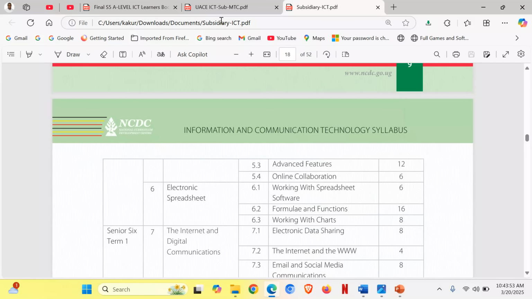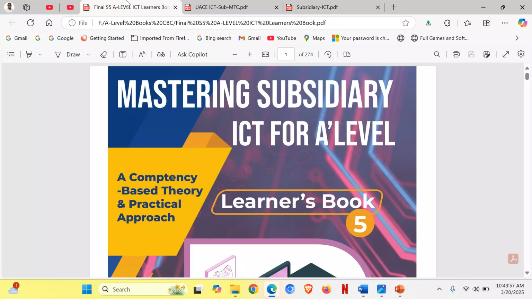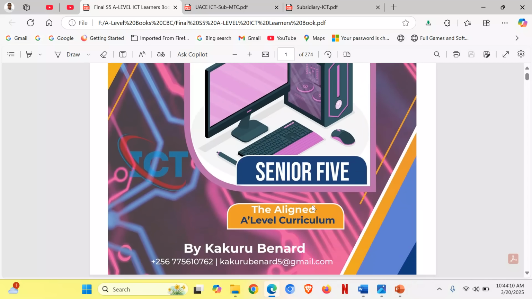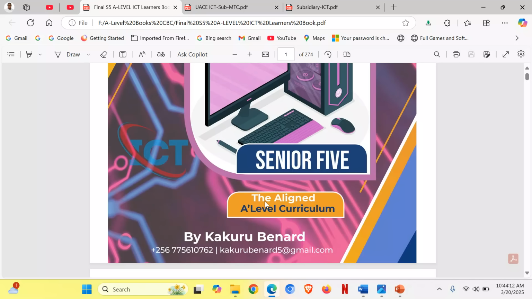So for today's lesson, I'm going to use this new book, Mastering Subsidiary ICT for A-Level, a competence-based theory and practical approach, Learners Book 5. When you look at this very book, it is in the aligned A-Level curriculum.